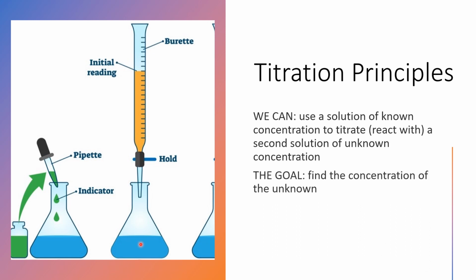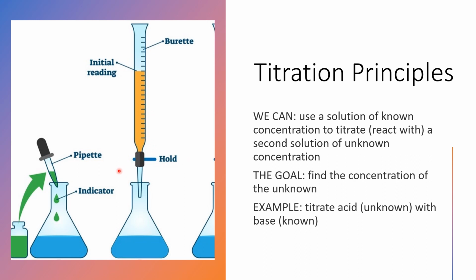What is the goal? The goal is to find the concentration of the unknown from the information you have, using a solution of known concentration and of a certain volume.